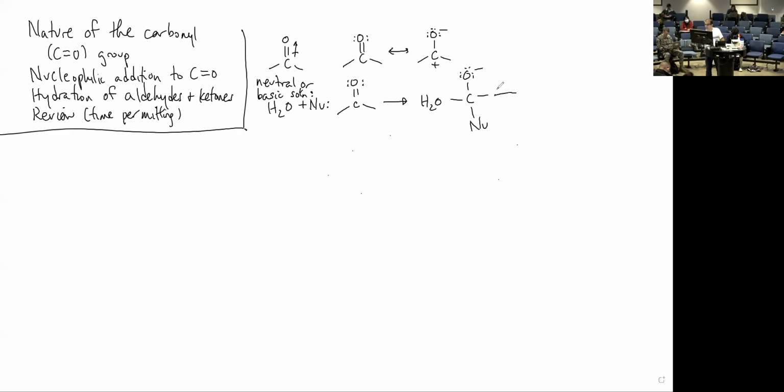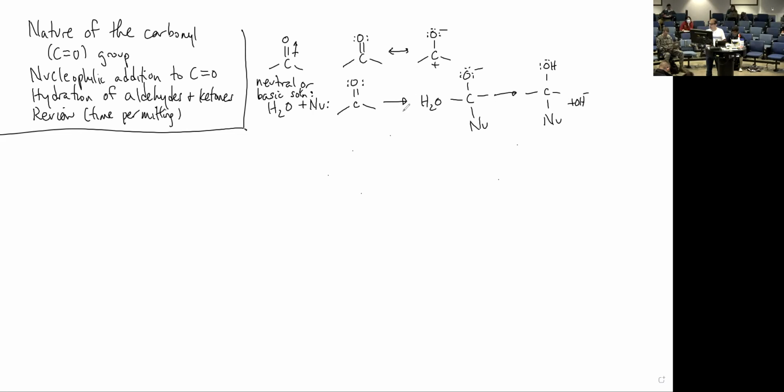And then in a subsequent step, this intermediate can take a proton from water and make a neutral product that looks like this, and you would also get a hydroxide ion, OH-. So I thought I'd present it with the equation balanced.